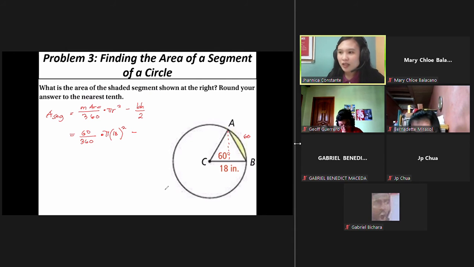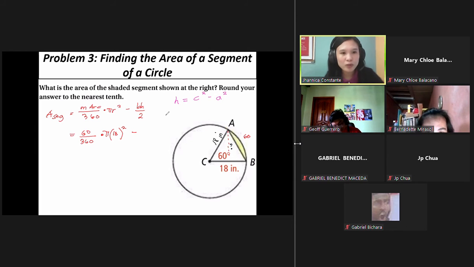And this triangle is an equilateral triangle. So that means the side is also 18 inches. And we need to find what is the height of this triangle. And the formula for finding the height of the triangle, height is equal to the square root of c squared minus a squared.